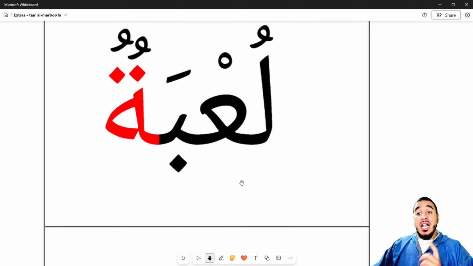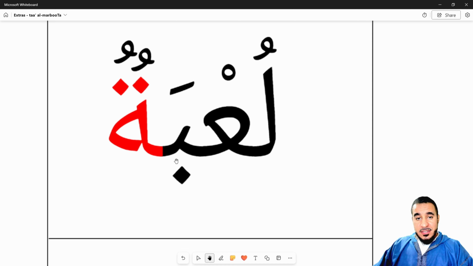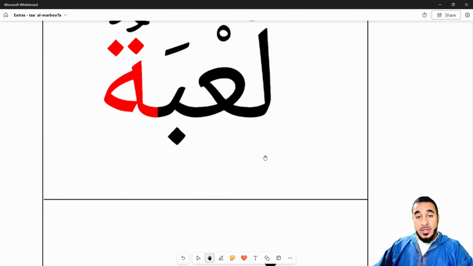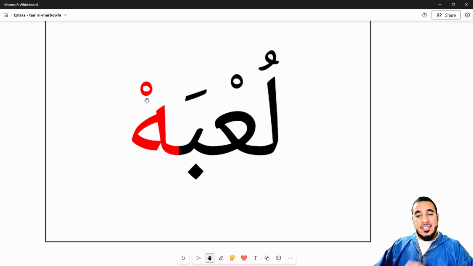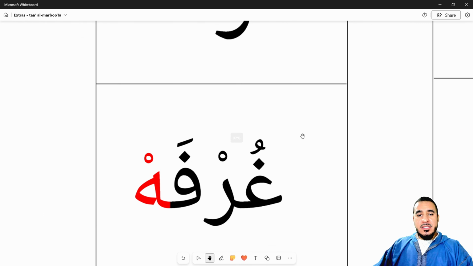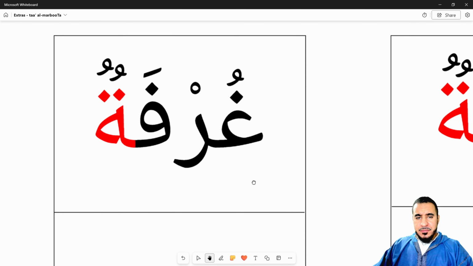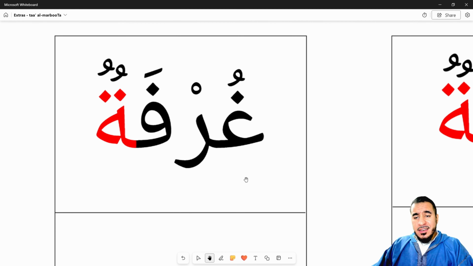But if it's the last word in a sentence, we would not pronounce the haraka or the harakat that are on the ta al-marbuta, but rather we would pronounce it as a ha and sukoon. Lu'bah. Okay? And then lastly, ghurfatun, or it could be ghurfatan or ghurfatin, no problem.